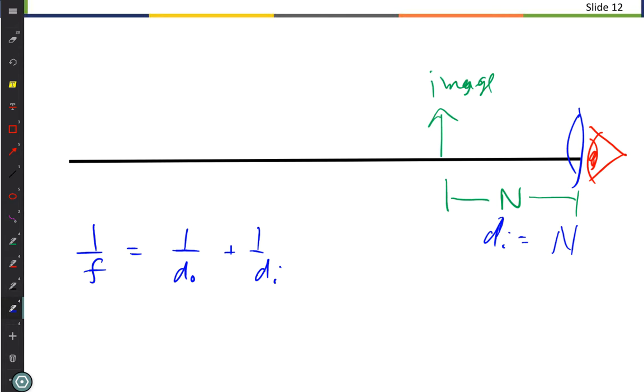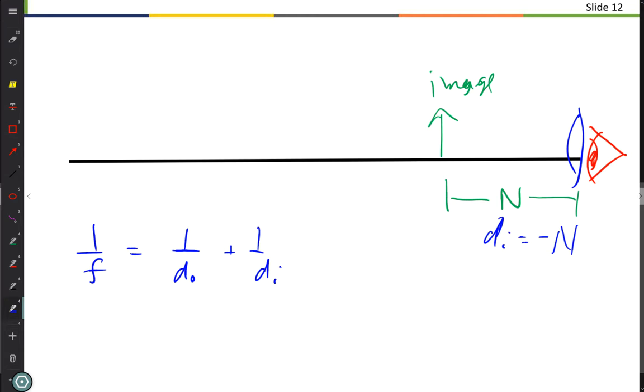Yeah, because my image is on the same side as the object. The lens is right here. It has to be a negative n. We're assuming the lens is right on the eyeball. Okay, so the distance image is minus the near point.